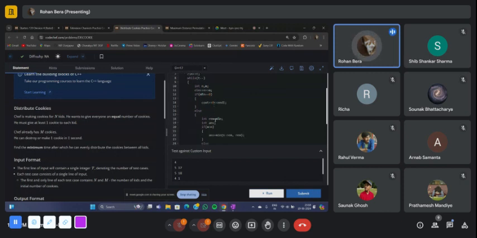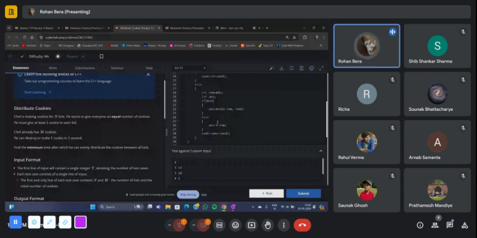Now if it is not divisible, I'll find the remainder. If the number of cookies is more than the number of people, the answer will be the minimum of n minus rem and rem. And if the number of people is more than the number of cookies, the answer will be n minus rem. Then I am just printing the answer.